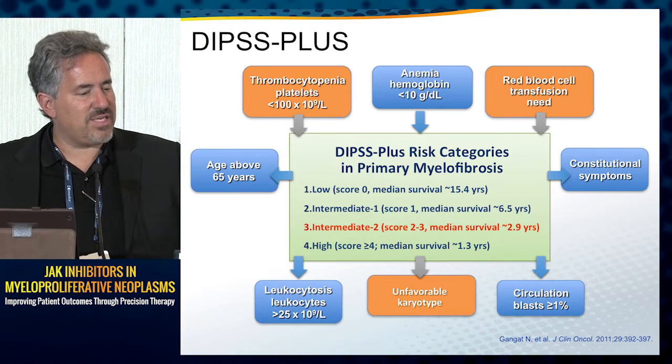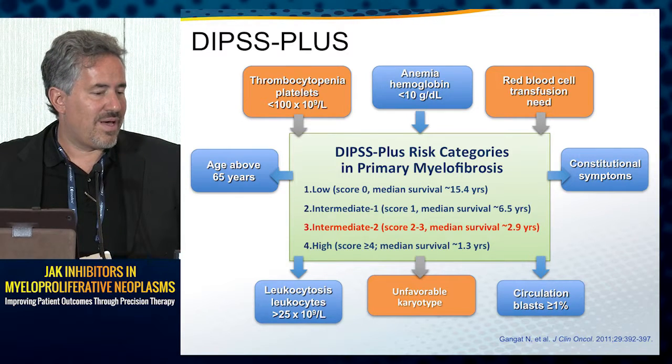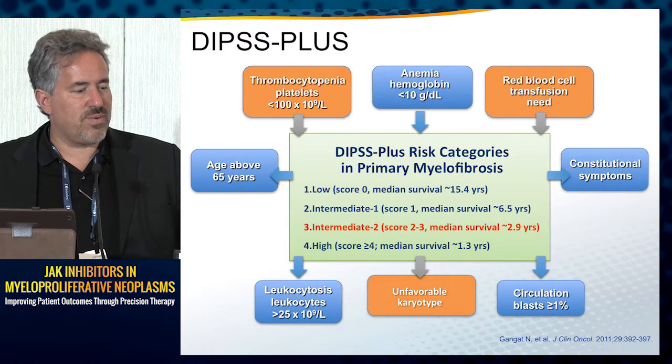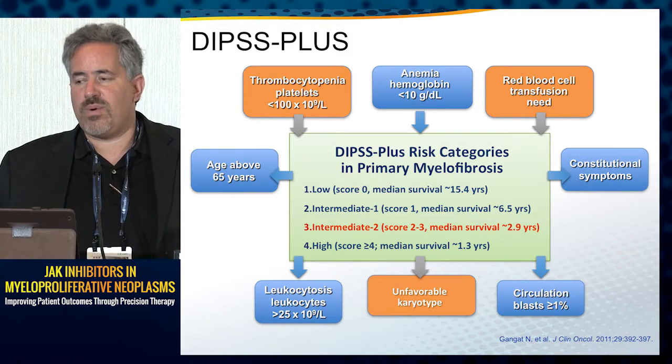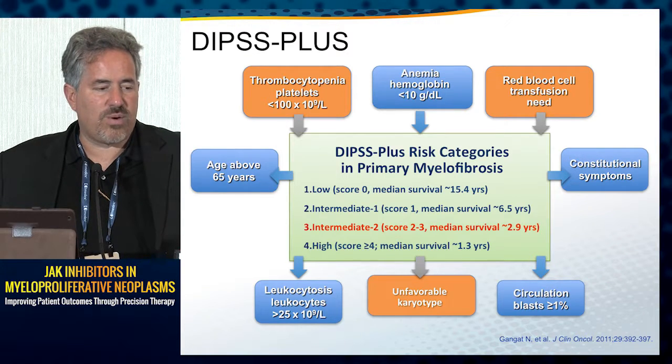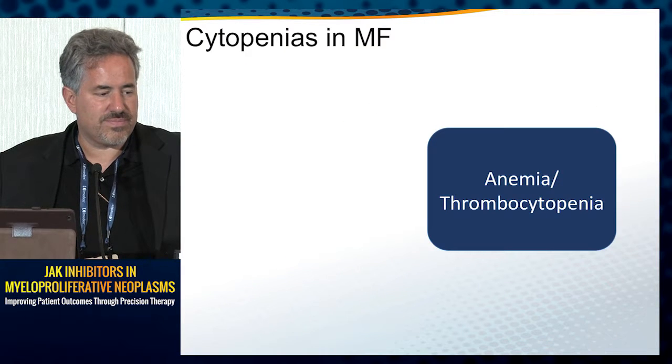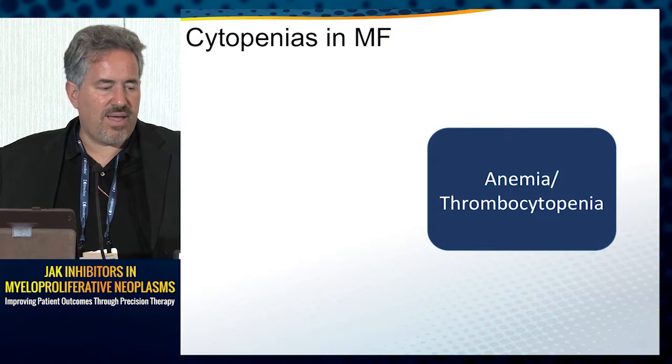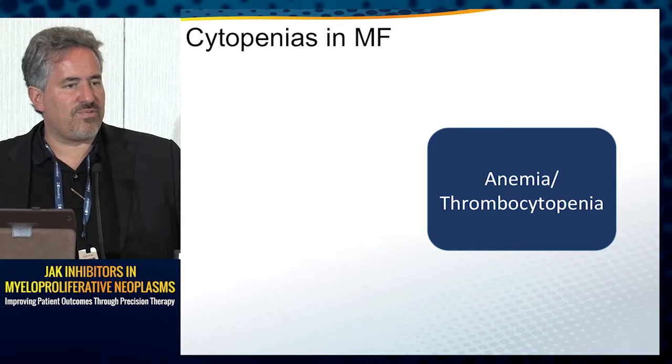If we look at the 8 risk factors identified through the DIPSS plus framework for assessing risk, 3 of those 8 are related to cytopenias: thrombocytopenia, anemia, and really an additional level of risk identified if you are red cell transfusion dependent.